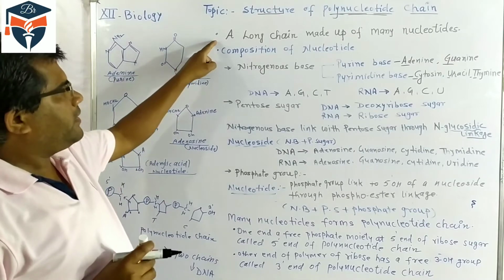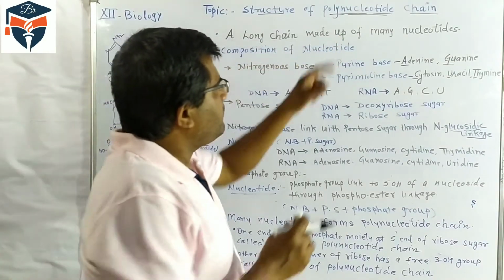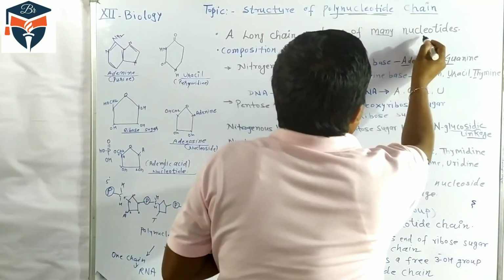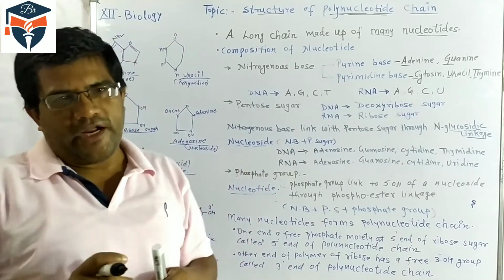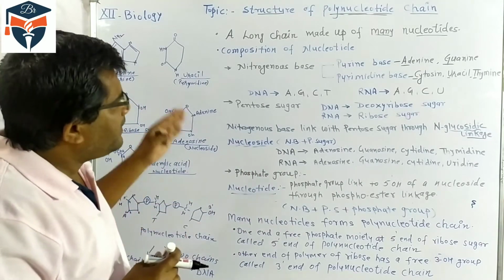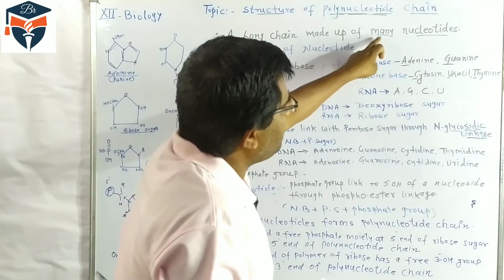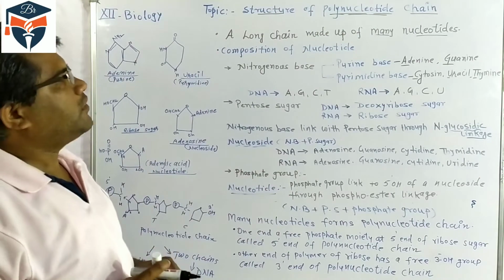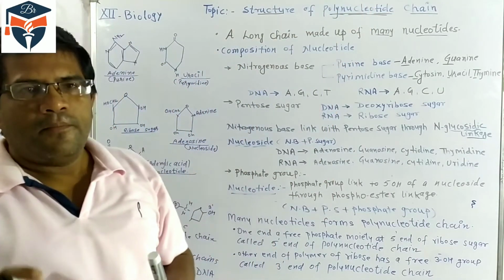Polynucleotide chain is a long chain made up of many nucleotides. When many nucleotides combine and form a long chain, this chain is called the polynucleotide chain.